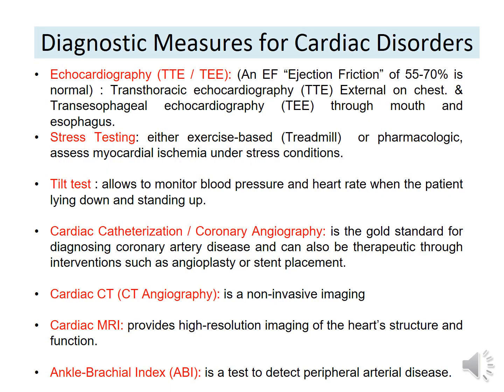The term EF, or ejection fraction, is one of the most assessed parameters in echocardiography. The normal range is usually between 55 to 70%. Less than or more than that means there is a problem in the heart.